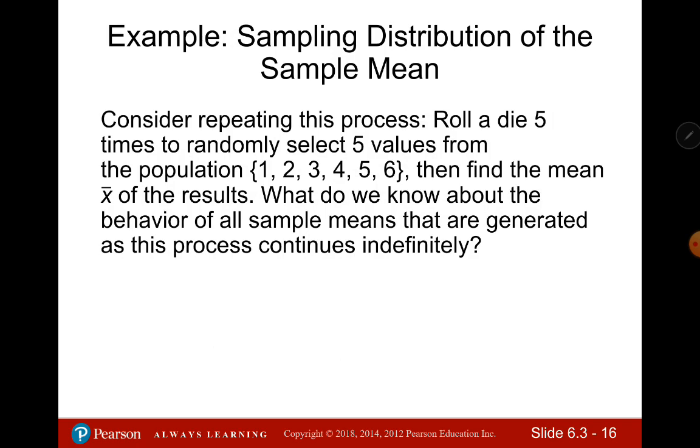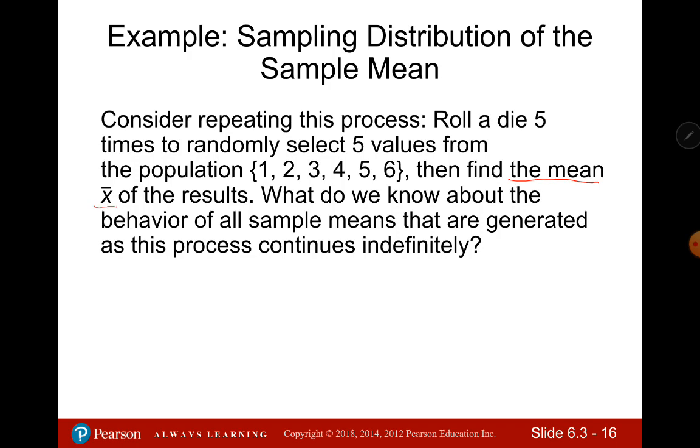Let's see the same example. But this time we want to find the mean of all these 5 numbers. We still roll a die 5 times, then record all the values. So 5 times, we have 5 numbers, right? For each sample, we have 5 numbers. We add them together and divide by 5, and we can find the mean for the sample. That's how we find the x-bar.